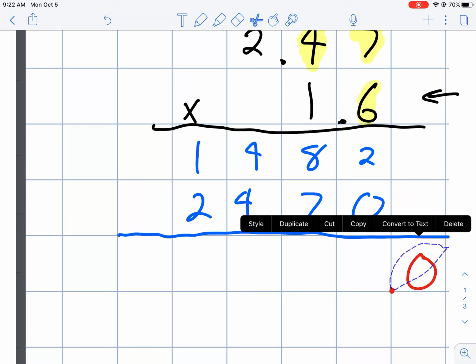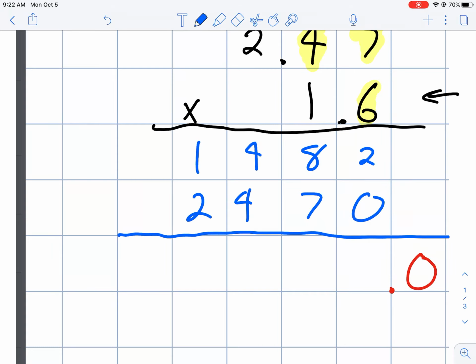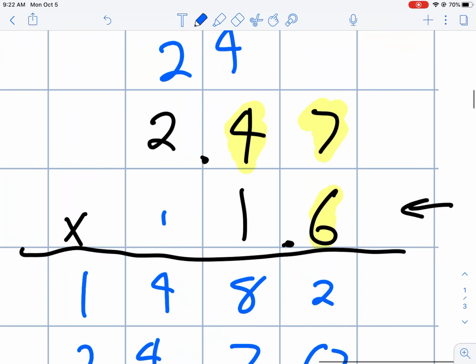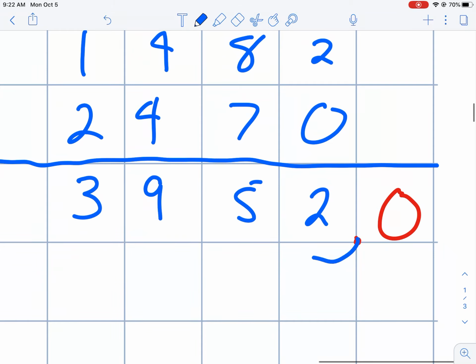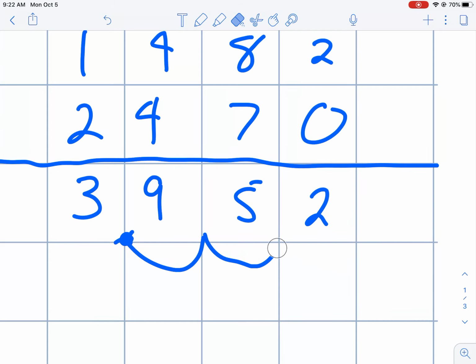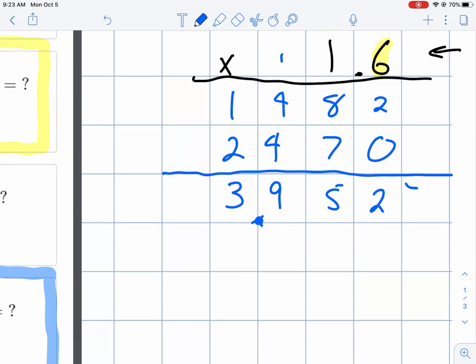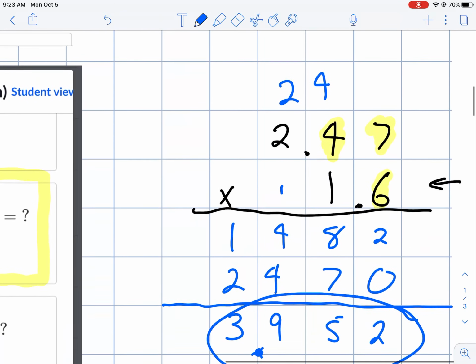Okay, and then 2, 15, 9, and 3. Now, how far do we move it? 1, 2, 3. 1, 2, 3. Okay, 3.952. Don't need the 0 anymore. Don't need this. Don't need that. 3.952.